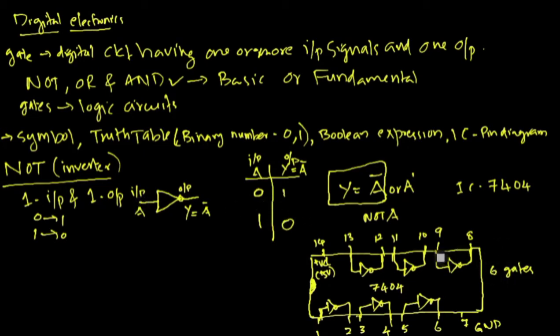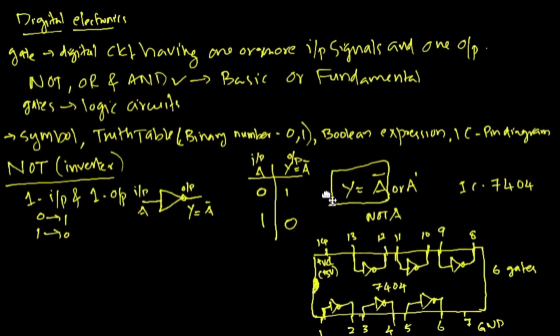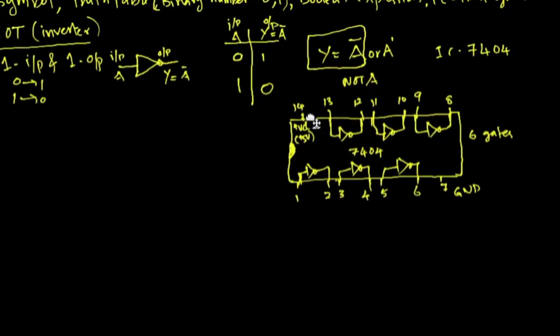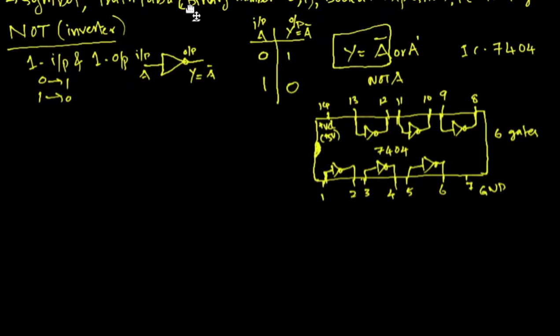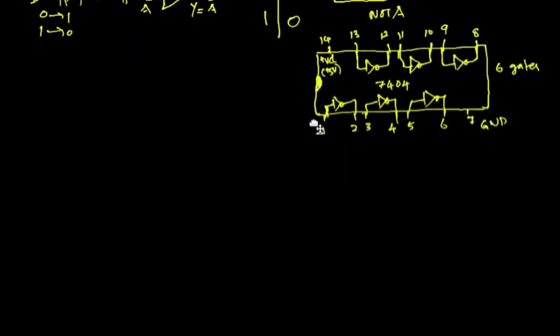The IC pin diagram is needed for you to do the practicals. So always remember these things: the symbolic representation of the gate, the truth table of the gate, the Boolean expression, and the IC number and its pin diagram.